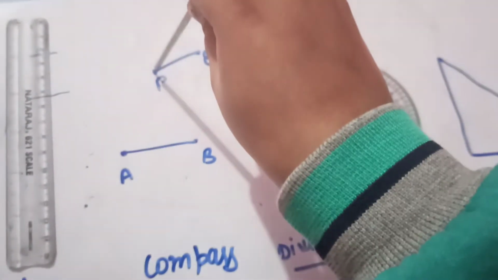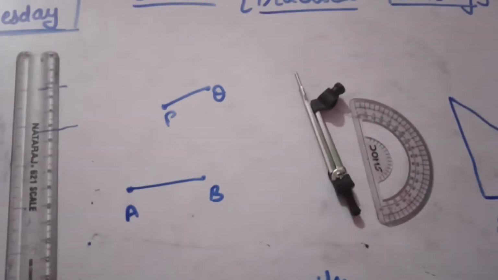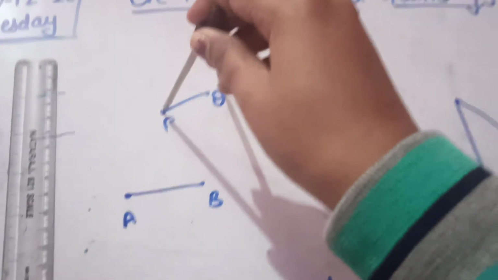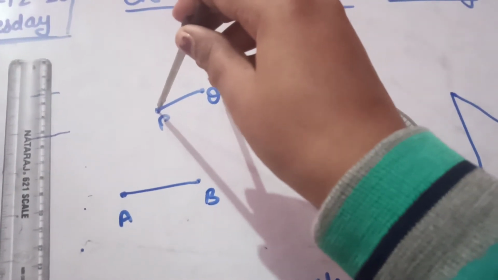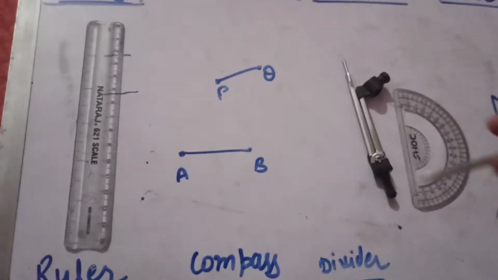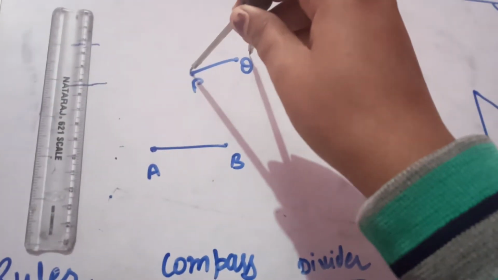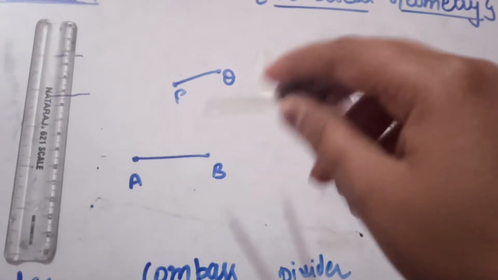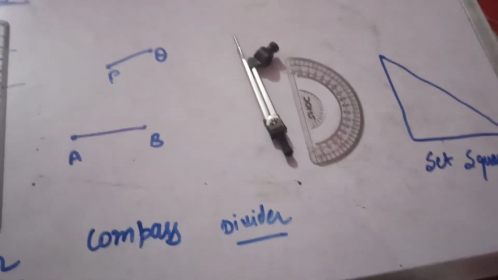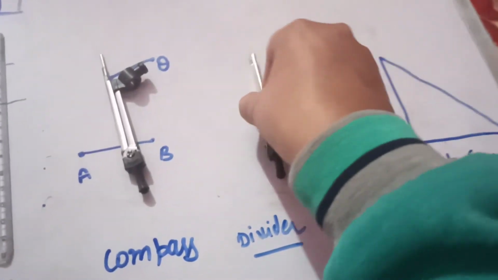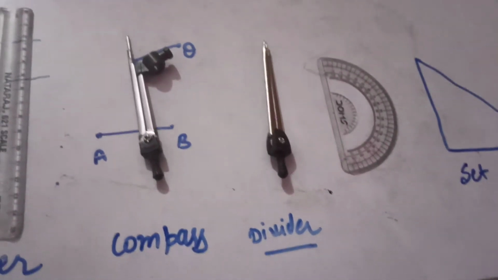See, we will put it on one point, either P or Q, right? So see, there is a difference between these. So see, here is the difference. So it means this one is smaller and this one is bigger, right? So dividers are used to compare lengths.